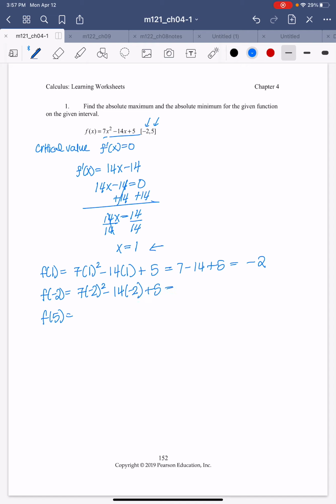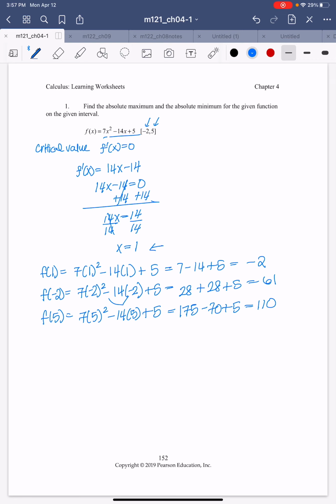So that is 28 plus 28, since negative times negative makes positive, plus 5, and I get 61. At 5, 7 times 5 squared minus 14 times 5 plus 5, I get 175 minus 70 plus 5, which is equal to 110.